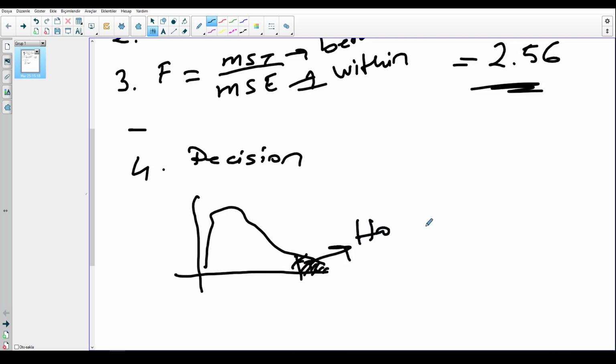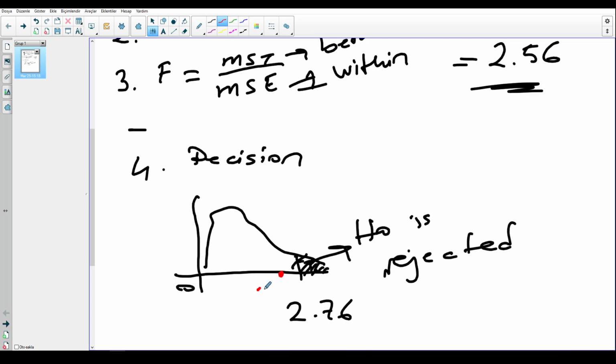Here H0 is rejected. Which value separates these two areas? Of course, the table value, and we found it as 2.76, but our score is 2.86, and this is here. And it's not in the rejection area.